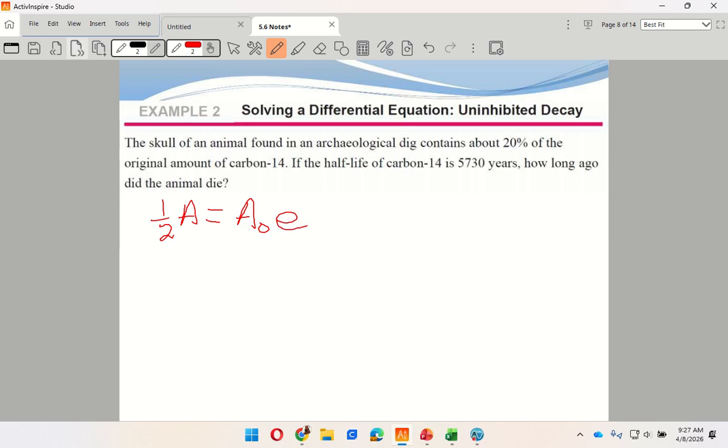Now, continue the formula. E, K. Do I have a T value? Yeah, there we go. So it's going to be 5730.